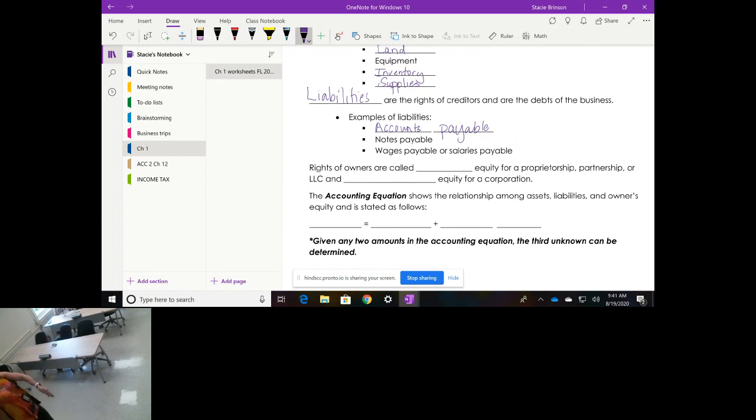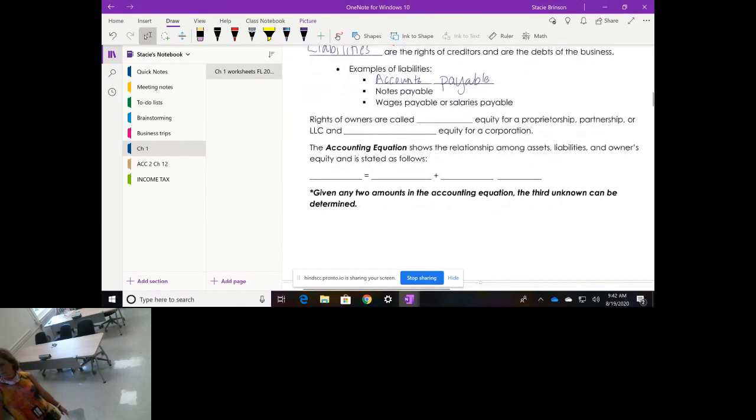Well, the business owes its people for the days that fell before that and the day the month ends, but it's not payday yet. So they want to show that those wages go with that month. You do have them sometimes where they owe the employees and don't pay them on payday. That's a good way to get yourself killed.